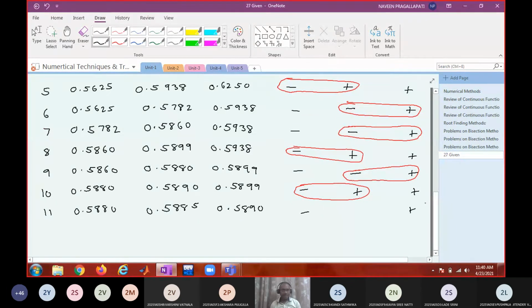Okay. F of C11. Negative, sir. Negative. Right half.